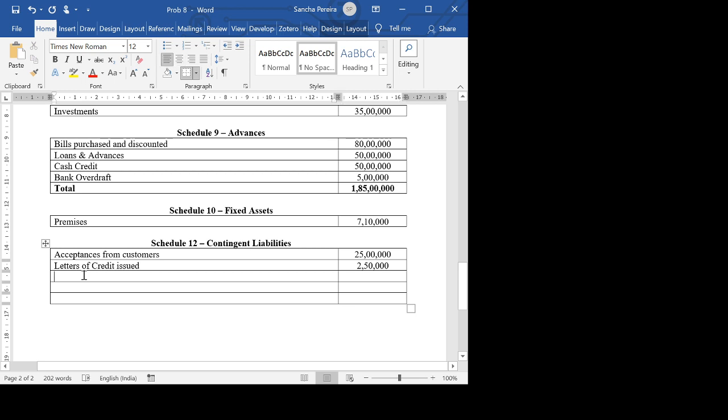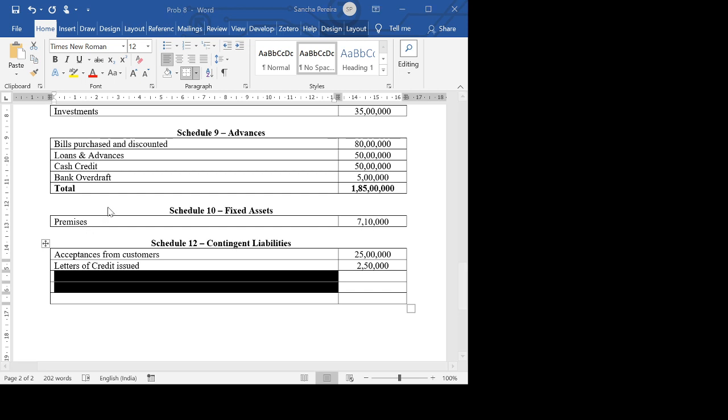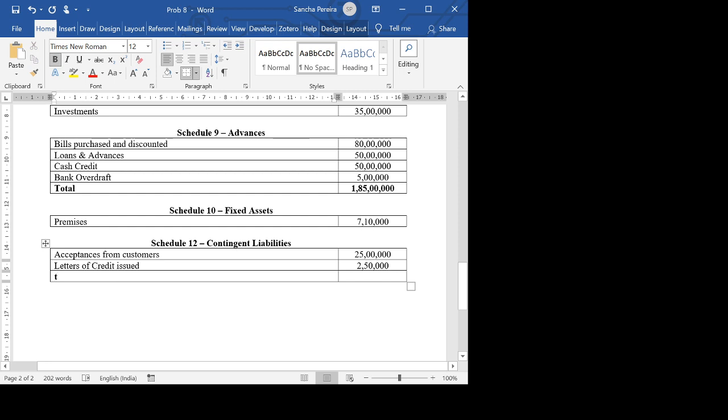Where are these letters of credit used? You may have studied this at some point of time. Does anyone know in case of which type of transactions, and how does it become a contingent liability? Okay, basically letters of credit are normally used by importers, wherein the bank guarantees a person from another country that the buyer will make a payment. It need not only be import and export, it can be other transactions as well.